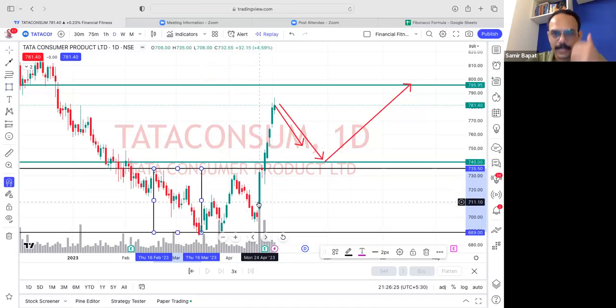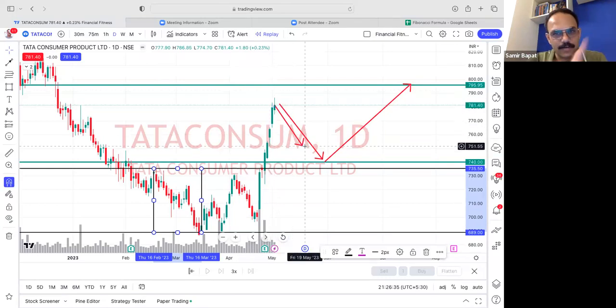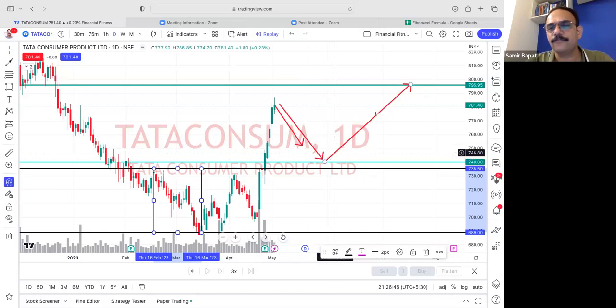Here it got consolidated, then it shot up. Suddenly you find that Tata Consumer has gone too much up. Can I buy it right now? Don't worry, it will retrace. If it retraces, wait for the retracement. On the retracement, where it starts going up with the reversal pattern, you can take the trade till target.